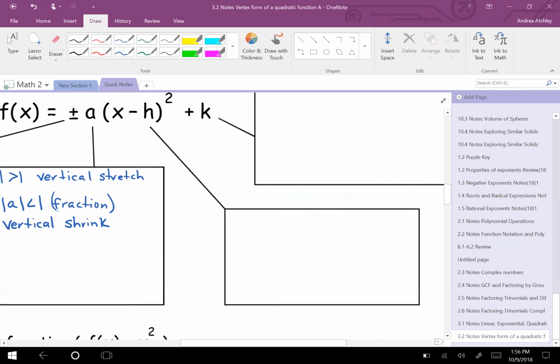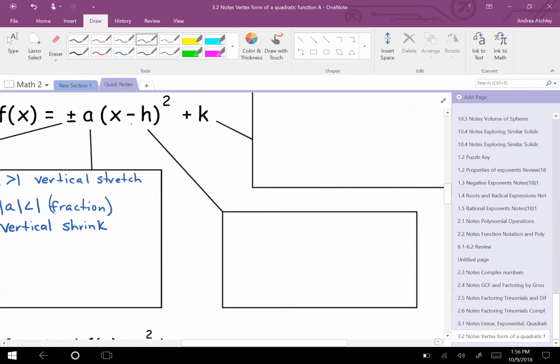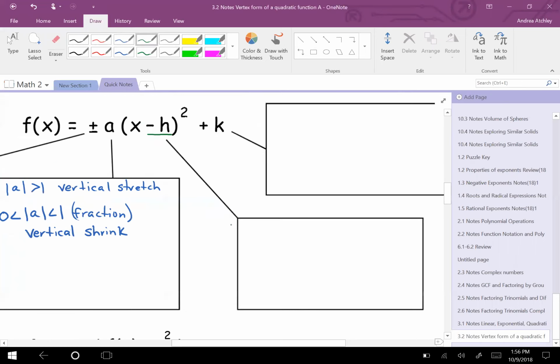Okay, the h value is inside parentheses. It's with the x value. And on a graph, we should know that our x's move right and left because the x-axis is moving left and right. So the h value is going to show you shifting the graph left and right. And it's the opposite. When it's inside those parentheses, it's the opposite of what you think.